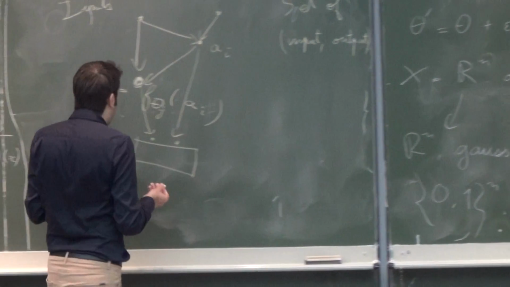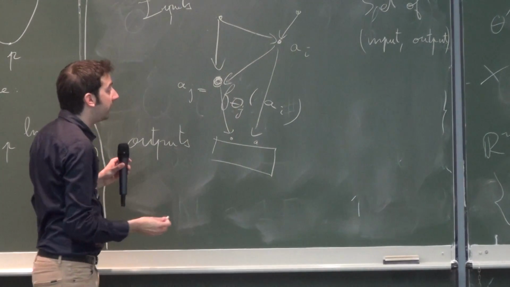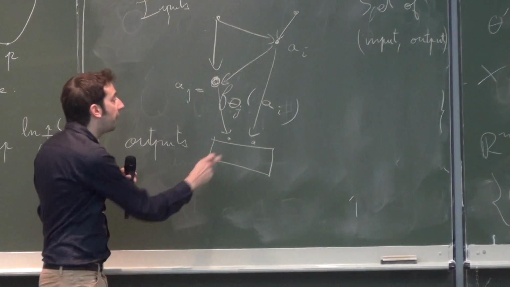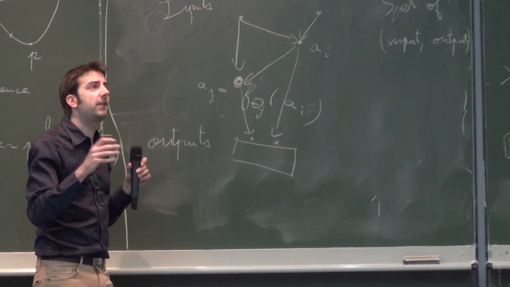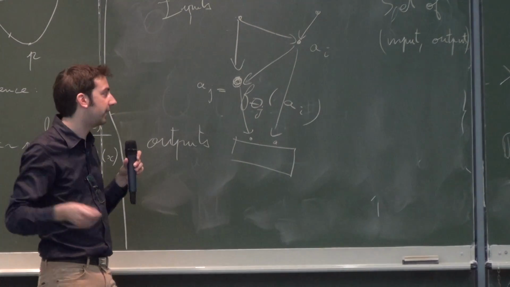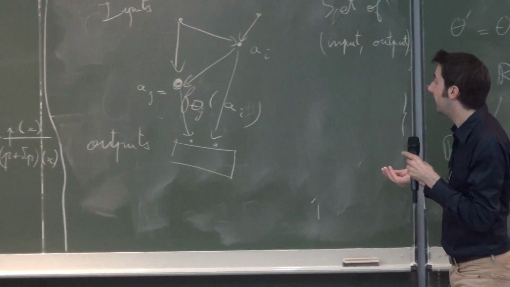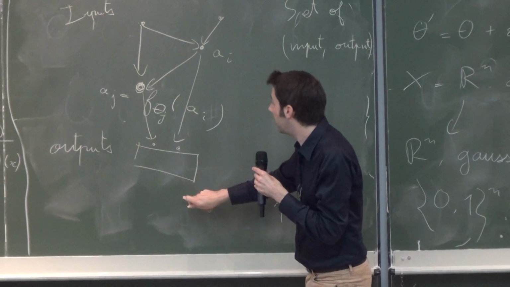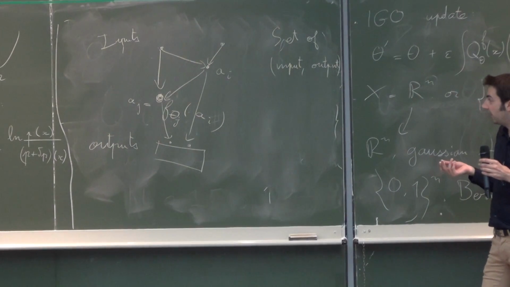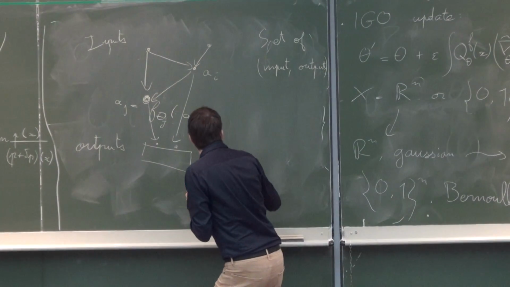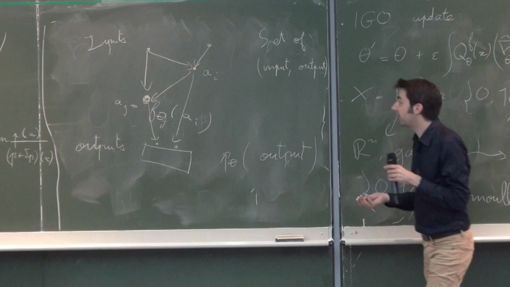So actually what you get is that for each input, the network defines a probability distribution for the outputs. I mean, you have this handwritten digit, and the network says, I think this is a 9 with probability 80%. And so all the parameters theta_j of each unit define a probability distribution p_theta on the output space given the parameters, and you can train this using the natural gradient on p_theta.